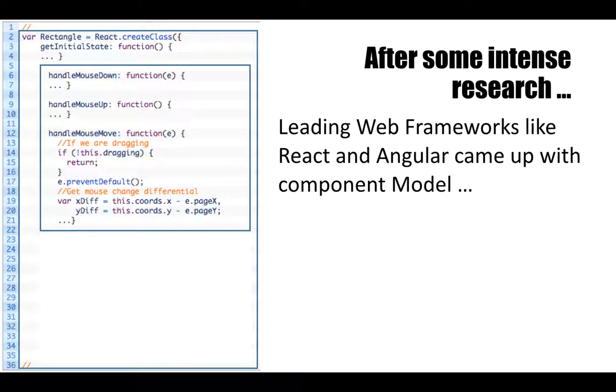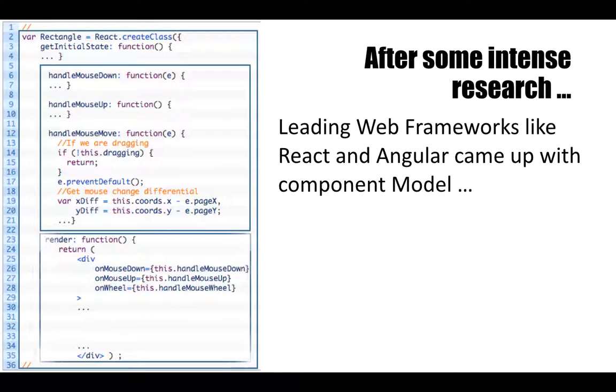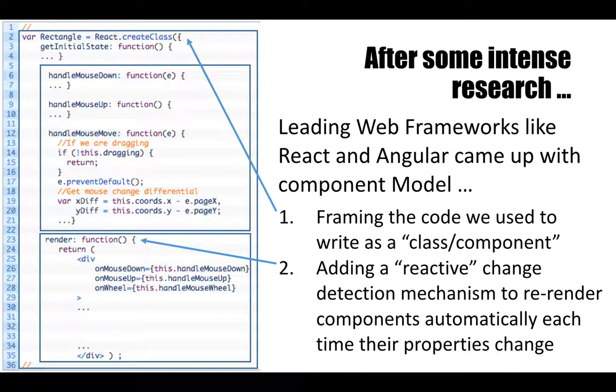Then the true innovation is that they created a change detection mechanism. When the data changes, they re-render the component. And that's pretty much it. That's what Angular or React has done. They do it in a different way, but at a high level, this is where the industry is going.